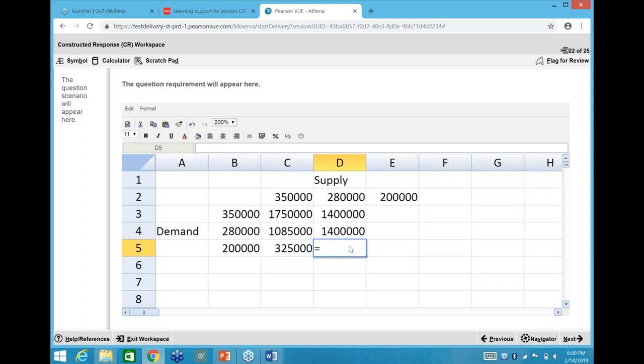And then demand 200 into 9 minus 280 into 4, again minus the difference between the two, that is 280 minus 200 into 0.5.